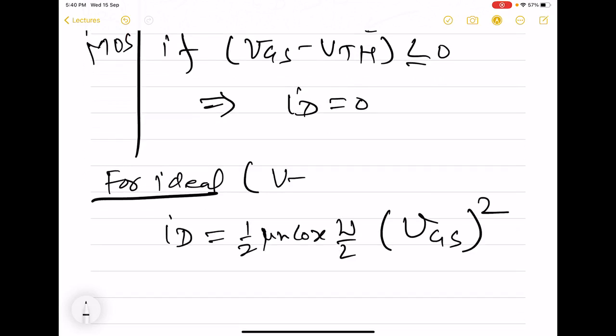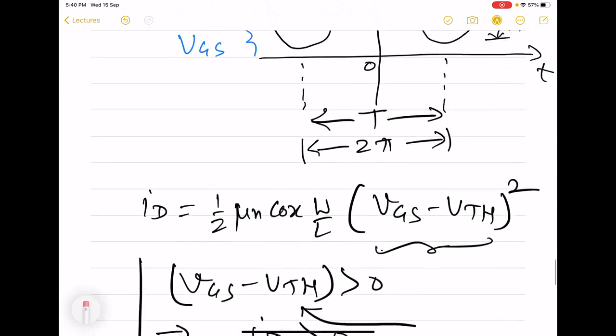So for the ideal case, this threshold voltage is assumed to be 0. And this is what we will take up for all the circuits that we will consider. So we are going to carry out analysis for the ideal case.